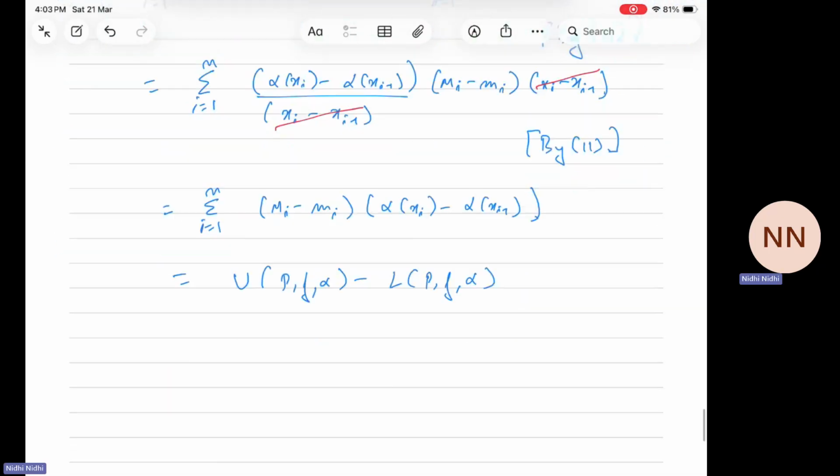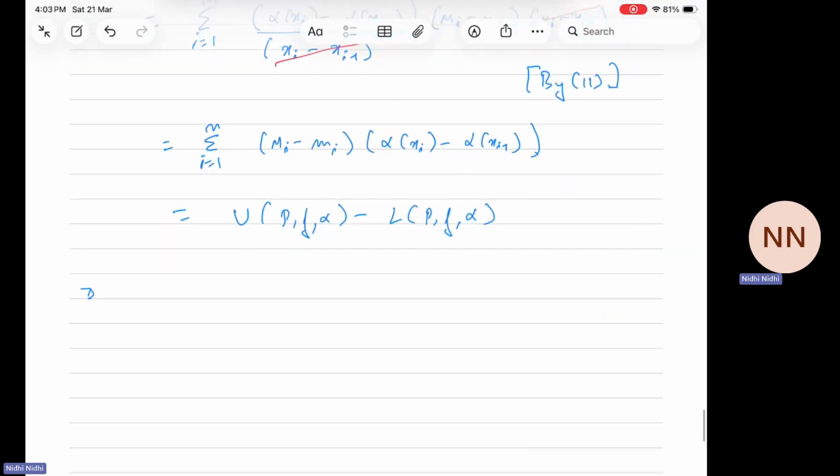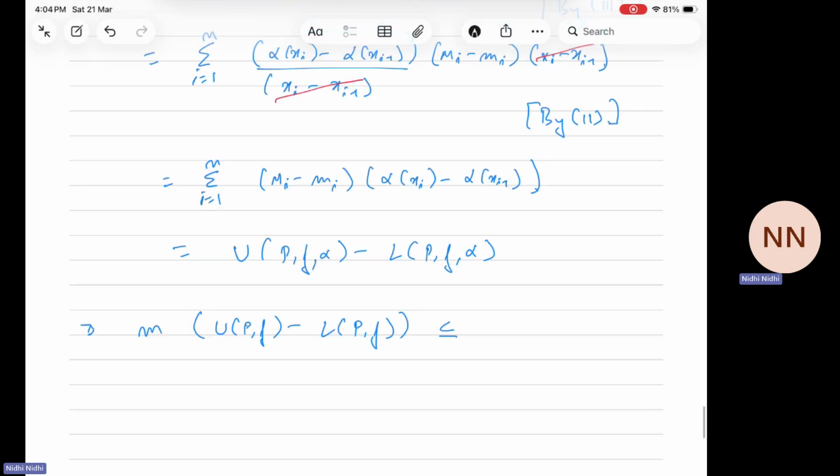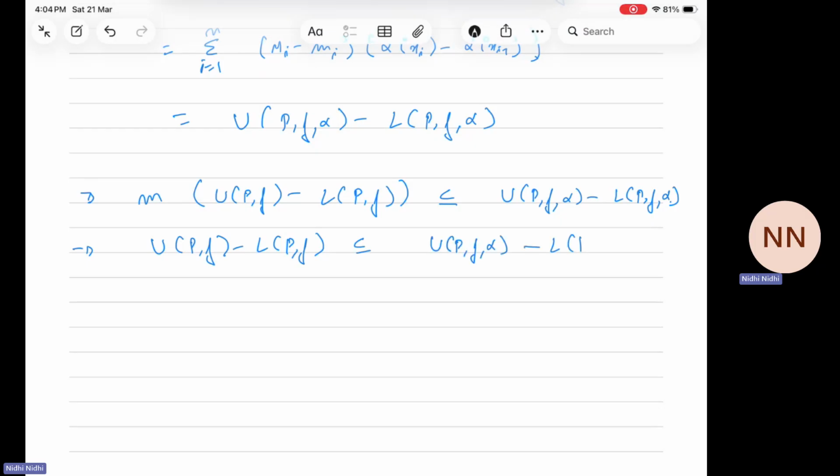So this tells us that the left hand side was small m times (UPF minus LPF). That means m times (UPF minus LPF) is less than or equal to UPF alpha minus LPF alpha. That gives us UPF minus LPF is less than or equal to (UPF alpha minus LPF alpha) upon m.